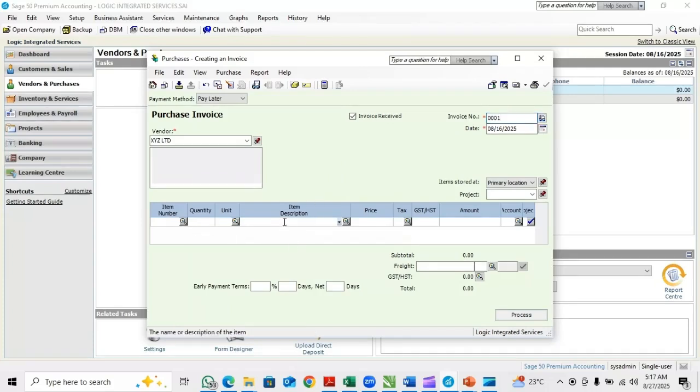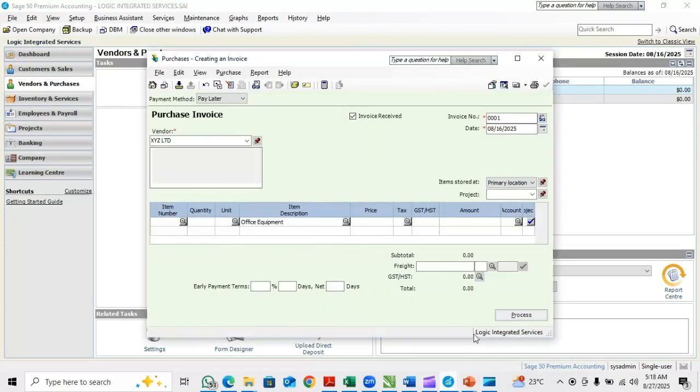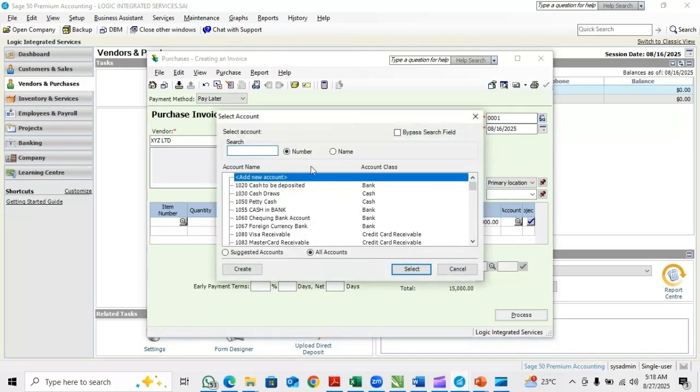Here we're going to say office equipment, at a price of 15,000 naira, and the account here is office equipment.